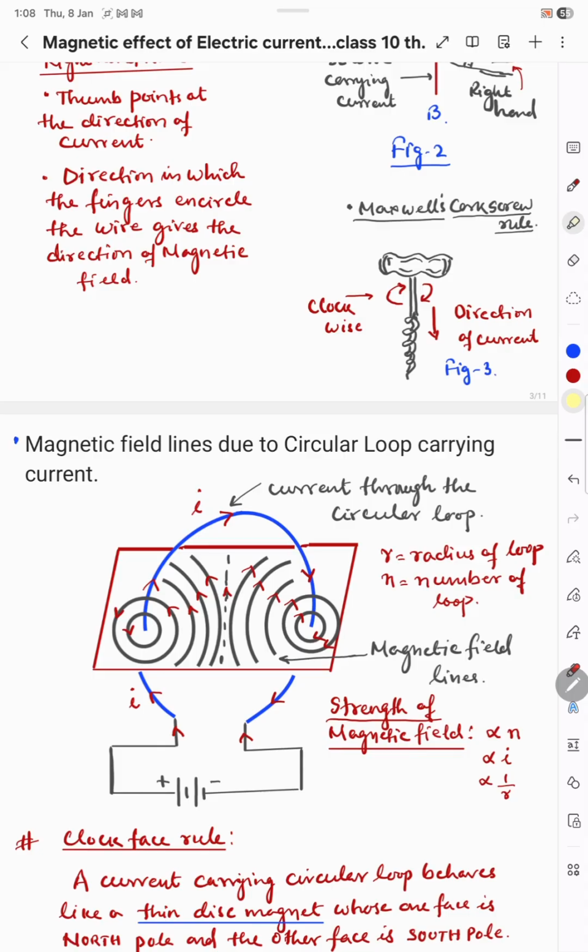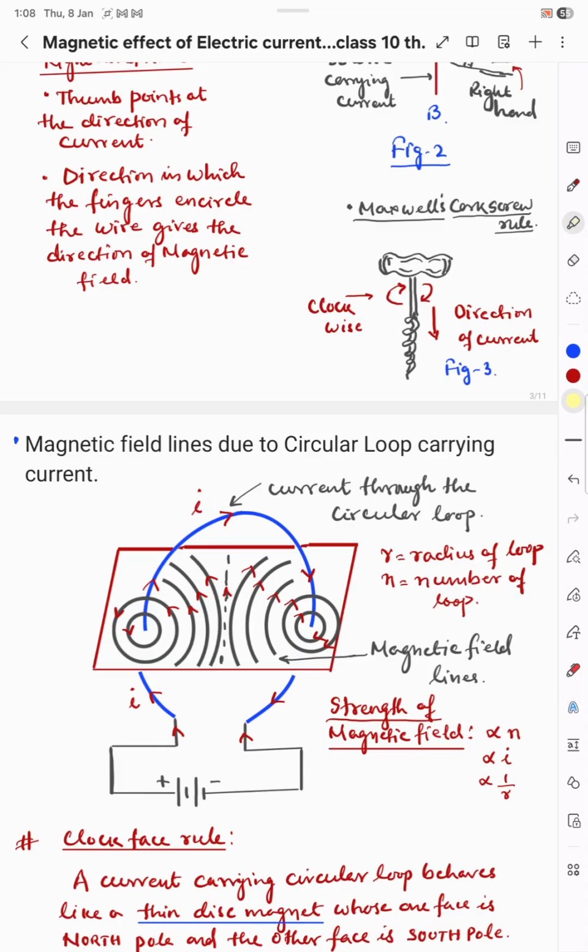These lines are visible because the cardboard has a lot of iron filings spread on it, and as the current flows, the magnetic field is generated and the iron filings get aligned to the direction of the magnetic field. So we get a clear picture of how the iron filings are arranging themselves as per the magnetic field.